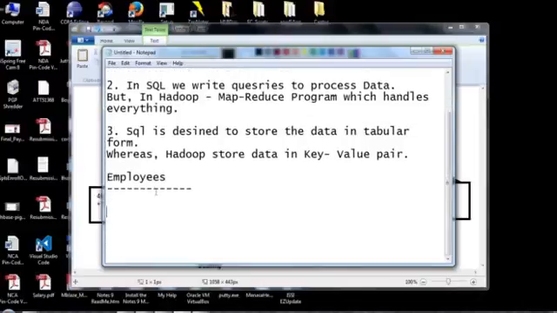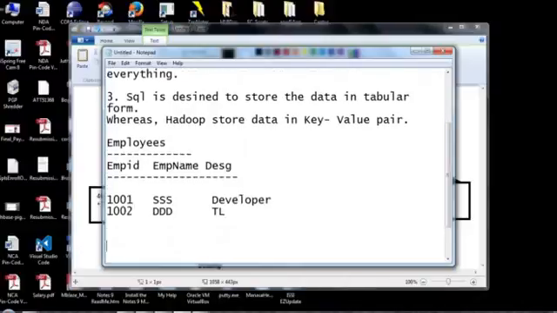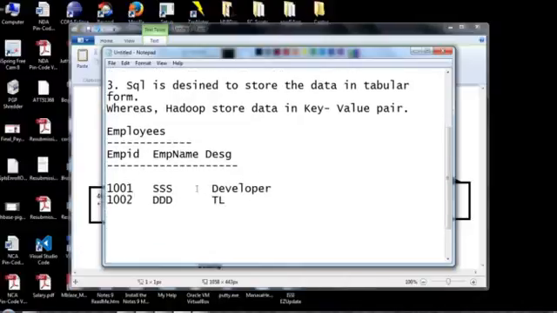How do we usually visualize the data in an RDBMS? We have employee ID, then employee name, then designation. Some name we'll give, with designation developer, then another ID, and TL. So this is the tabular format that SQL uses to store the data.